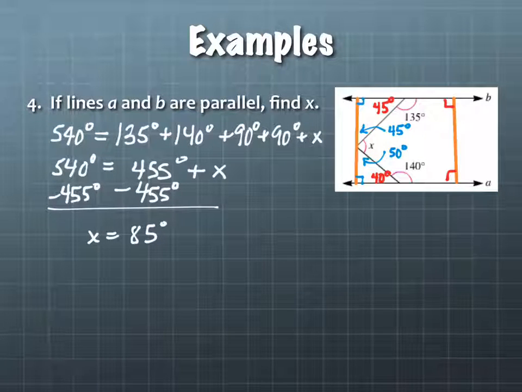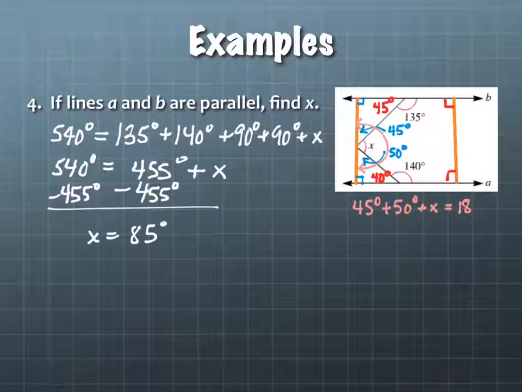And then I've got a straight angle right here, yeah? So then 45 plus 50 plus x equals 180. And x would be the same 85, but done a different direction, using triangles instead of trapezoids. Cool, right? Two ways to do the problem, both equally correct.